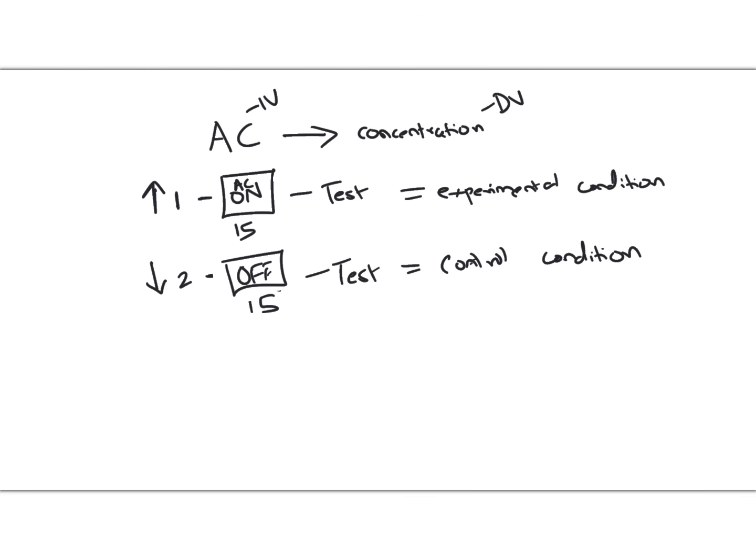There can be other reasons as to why this particular group performed better than this group in the test, was able to concentrate better than this group in the test, other than the AC. So, what are these other factors that could affect the concentration apart from the air conditioning? Let's say noise level.